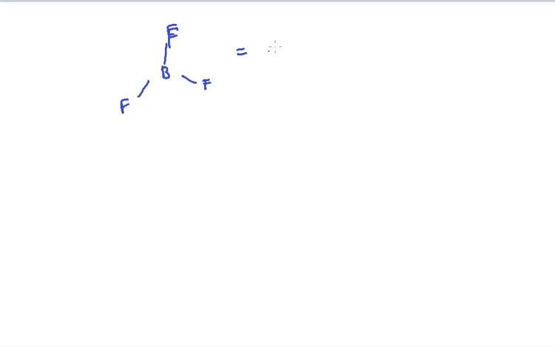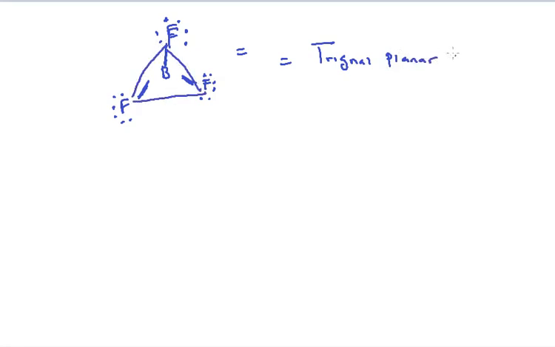Each fluorine also has lone pairs of electrons, but those don't contribute to the electron domain geometry. There are 3 electron domains with no lone pair, so this is a good trigonal planar structure, with an angle of approximately 120 degrees.